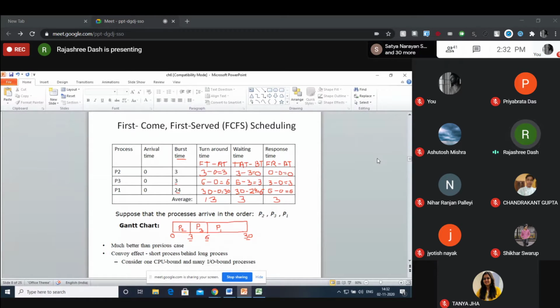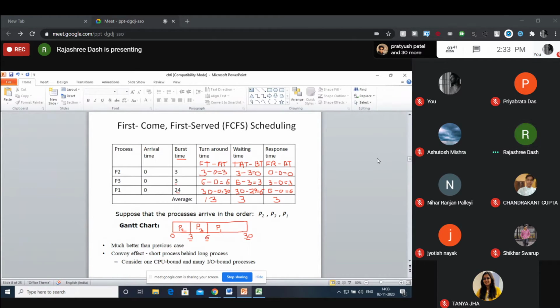If the CPU bound process starts its execution first, and all other smaller processes start after that, the smaller processes have to wait for a long time in the ready queue waiting to be allocated to the CPU. So your overall turnaround time, waiting time and response time may be high. This effect is known as the convoy effect, and it results in lower CPU and device utilization.